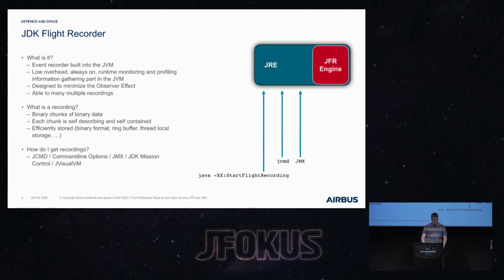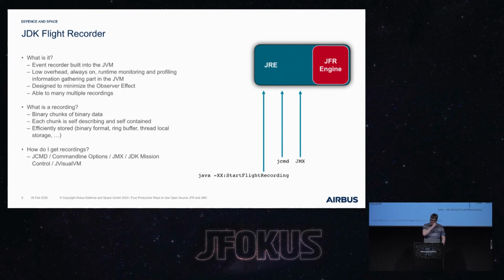Which brings me to what's in a recording. So the recording itself is an accumulation of binary chunks of data in a binary format, which is highly space effective due to some memory saving features, integer compression, and stuff like that.